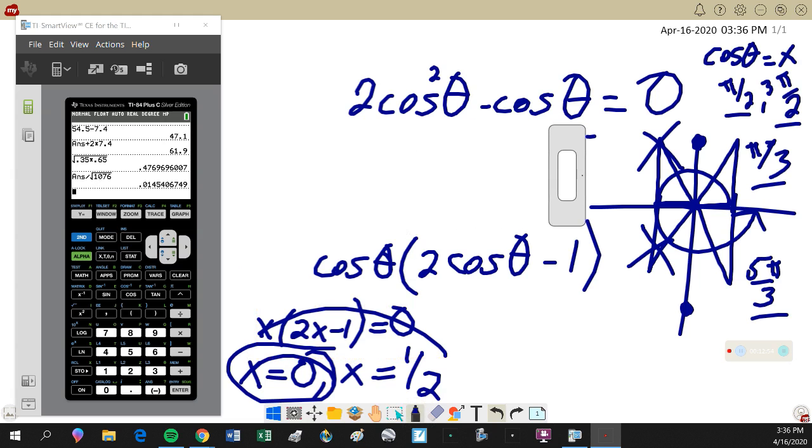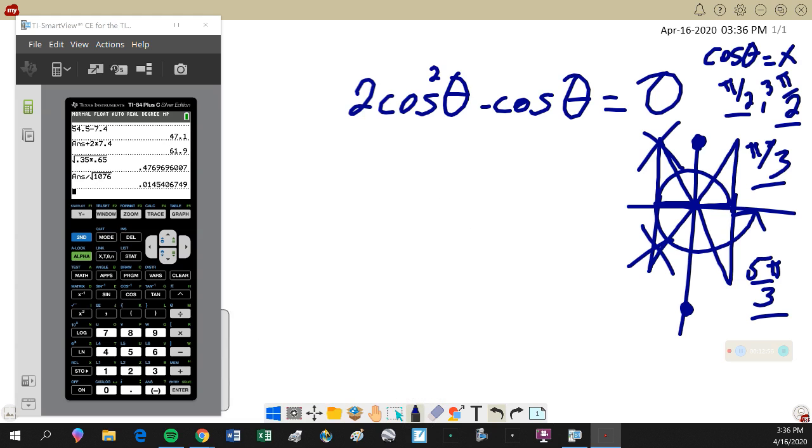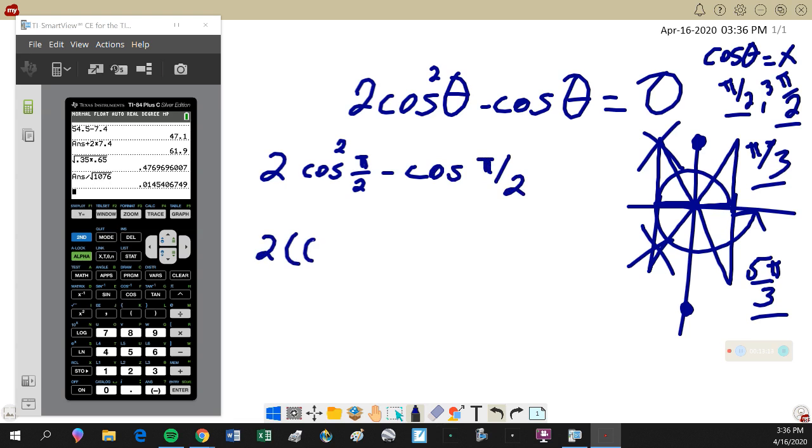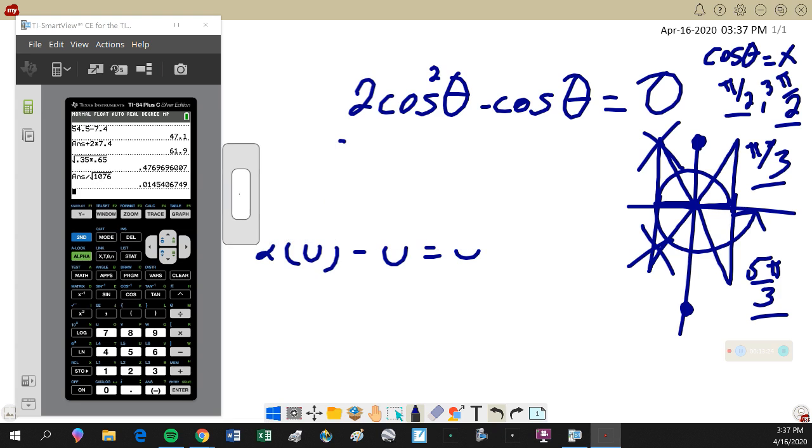Watch what happens when we plug in pi over 2. So 2 times the cosine squared of pi over 2 minus the cosine of pi over 2. Well, the cosine of pi over 2 is 0. So we get 2 times 0 squared minus 0, which is 0. And the same thing's going to happen when we plug in 3 pi over 2. Okay, let's plug the other one in.